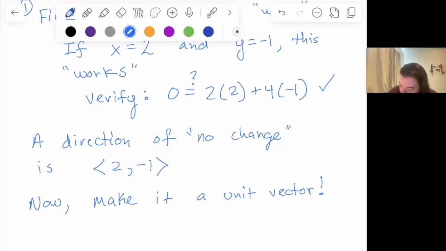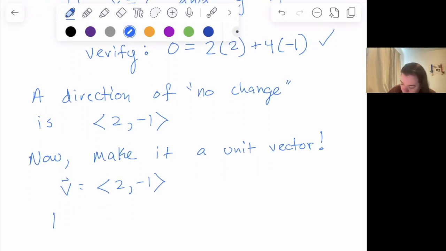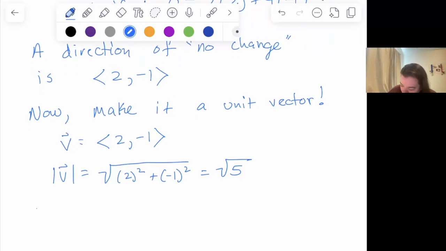So I have my vector, I'm going to call it v. I'm going to find the magnitude of v. So now I'm going to make this a unit vector, or remember, if you use that v hat notation to represent the unit vector v, that's fine.